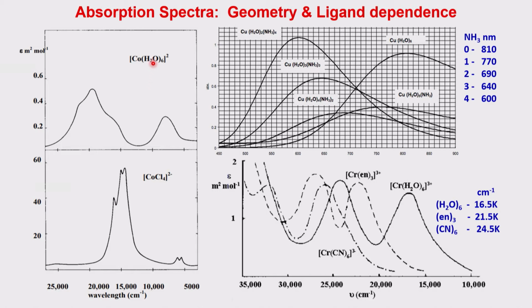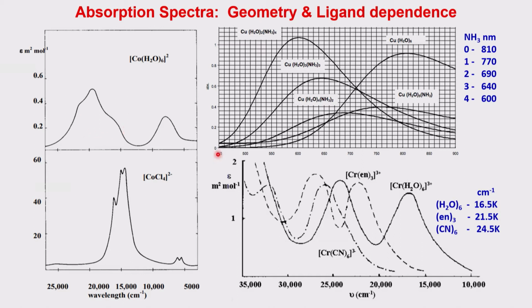One is the water ligand, the other is the chloride ligand. The second difference is that there are 6 ligands in case of the aquo, and there are only 4 ligands in the other. So these 6 ligands fit to the octahedral, the 4 ligands will fit to the tetrahedral. So now you have essentially two differences. One is in the geometry, that is tetrahedral versus octahedral, the other is in the ligand, chloride versus water.